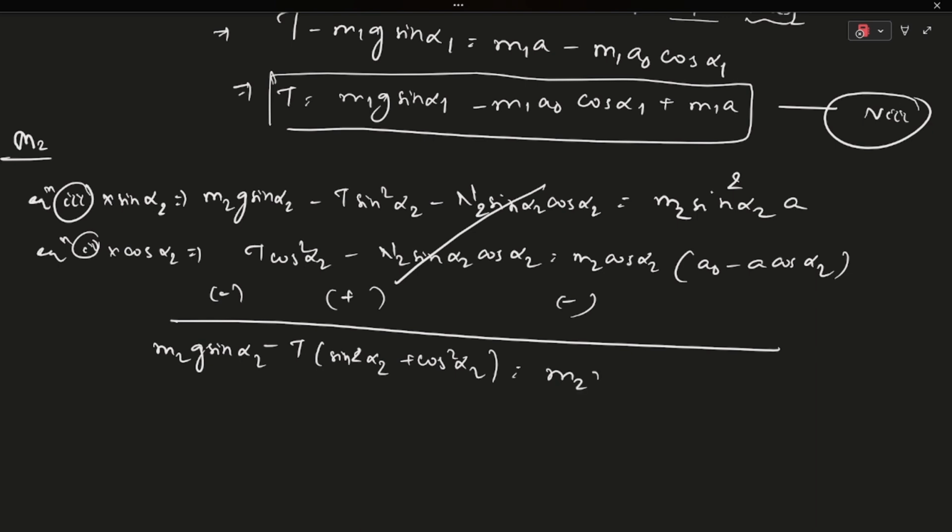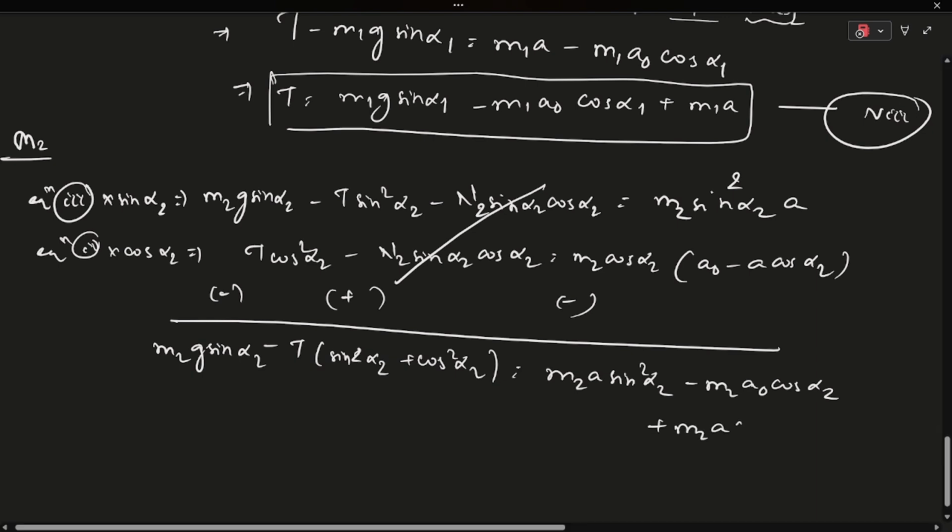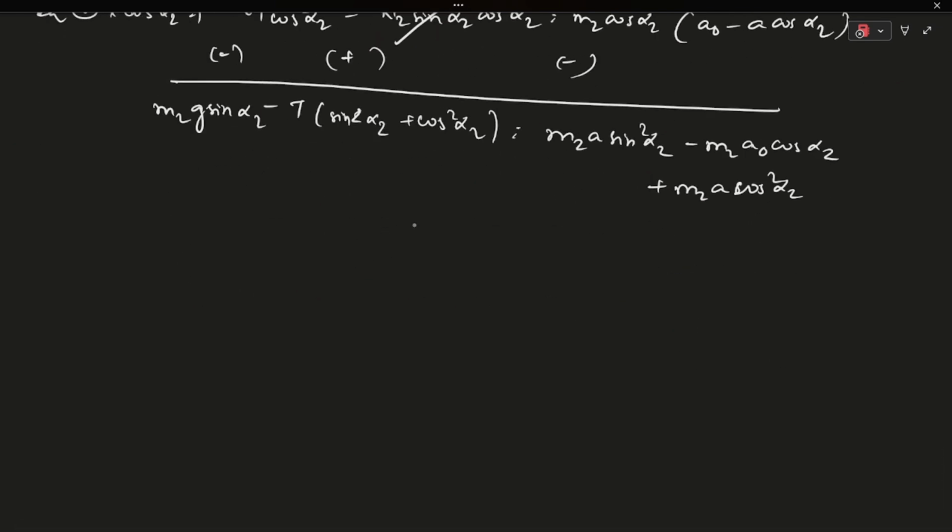This is m2a sin square alpha 2 minus m2a naught cos alpha 2 plus m2a cos square alpha 2. Here sin square alpha 2 plus cos square alpha 2 will become 1. So m2g sin alpha 2 minus T equals m2a minus m2a naught cos alpha 2.